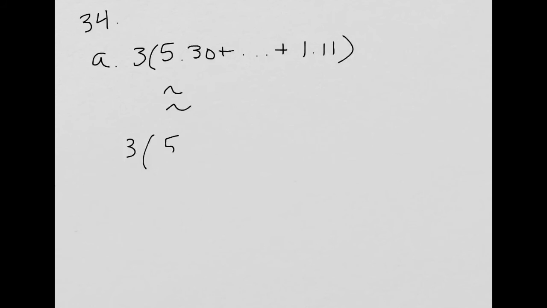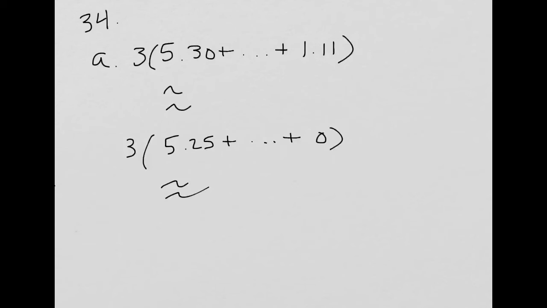So my step is 3. So if I'm going to do a left, I would go from 5.3 to 1.11. And then I'll do a right, so I'll go from 5.25 to 0.